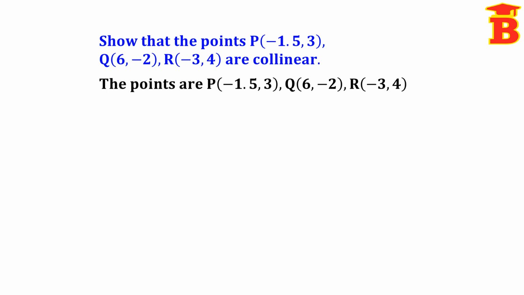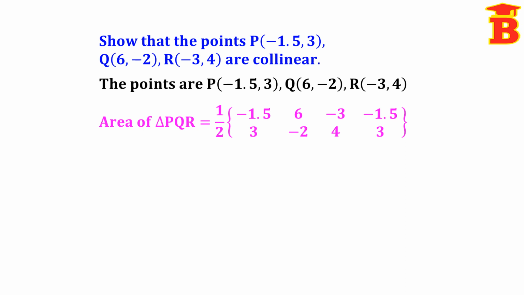Now we know the procedure to find the area of triangle. So area of triangle PQR equal to half into first point, second point, third point, again first point. So here first point (-1.5, 3), second point (6, -2), third point (-3, 4).